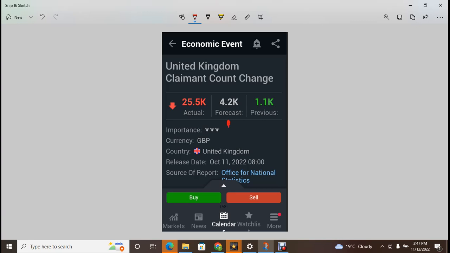We also talked about the actual: if you don't know how to analyze the market, the best way is to wait until the news is released so that you can see what your actual is. If your actual is negative, when it is red, you sell. When it is green, you buy. When it is white, you stay away from the market.